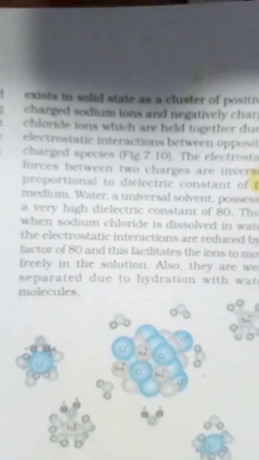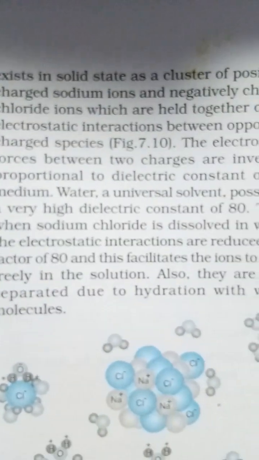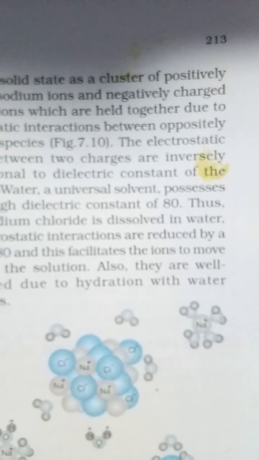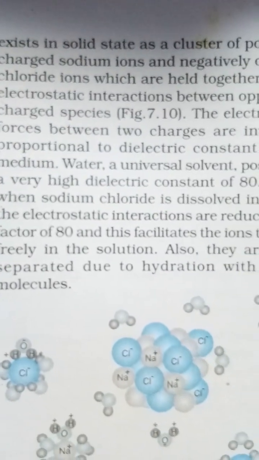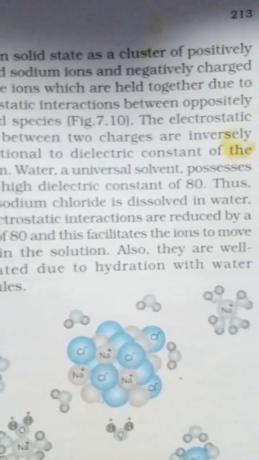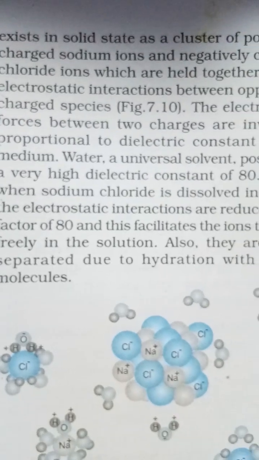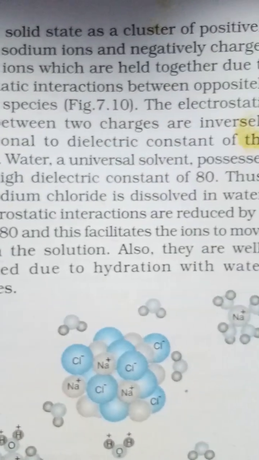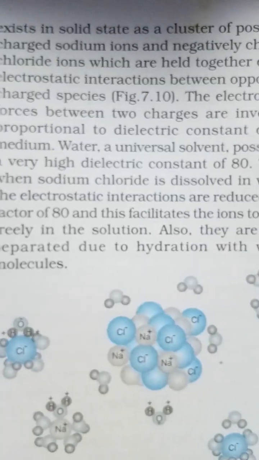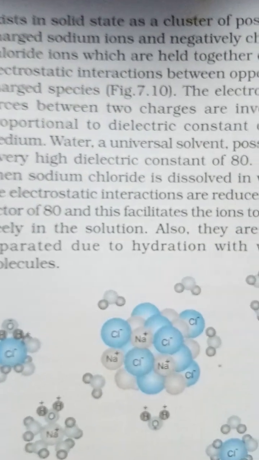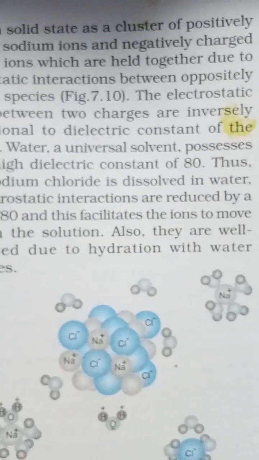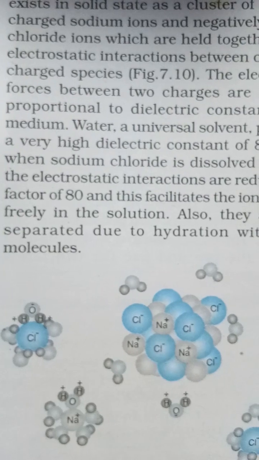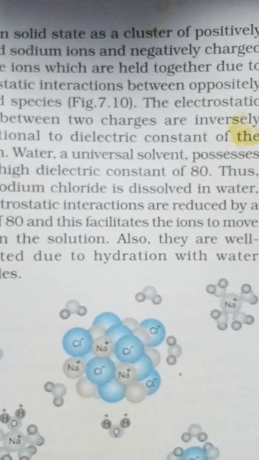It exists in solid state as a cluster of positively charged sodium ions and negatively charged chloride ions, which are held together due to electrostatic interactions between oppositely charged species.